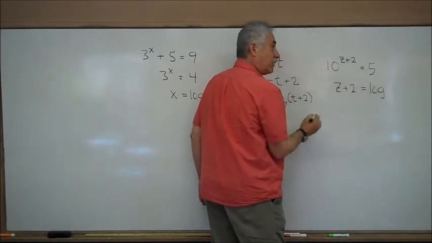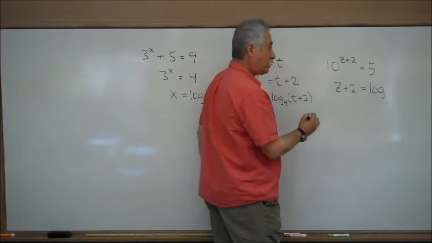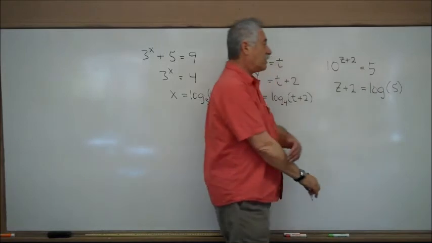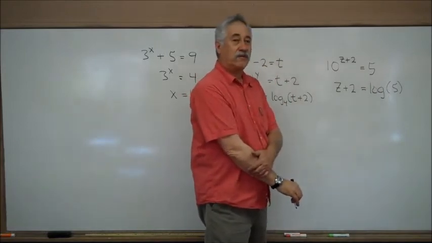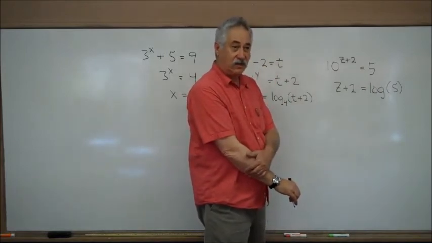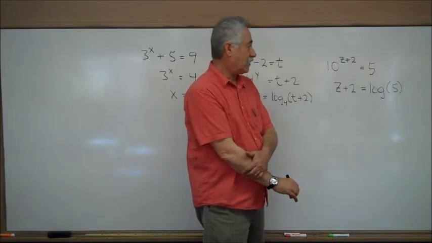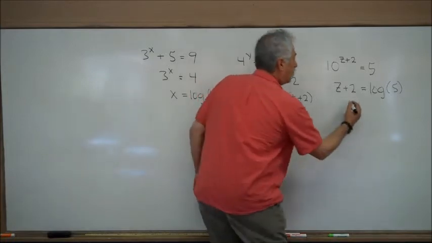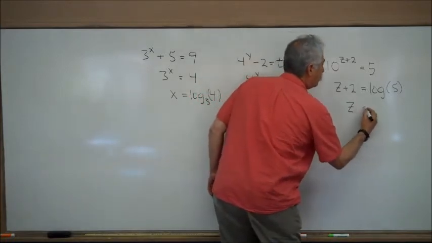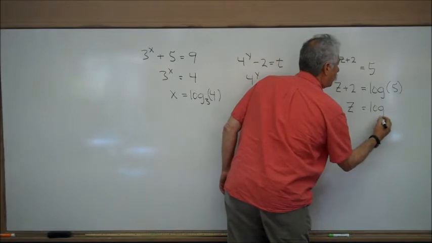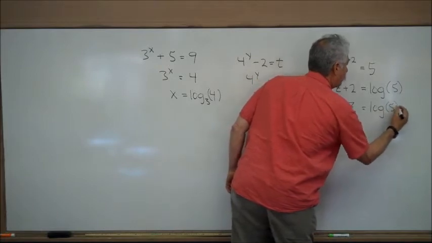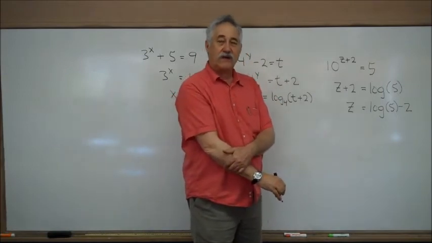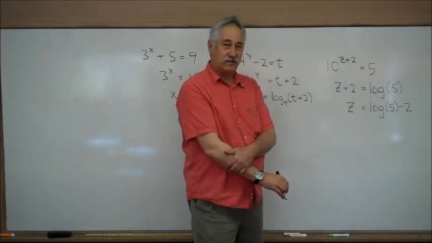If there is no base showing in the word log, it means base 10. z plus 2 is equal to the logarithm, base 10, invisible 10, of 5. But I have not yet solved for z, and that was our goal. Subtract 2 from both sides. And we're finished. We have now solved for z.